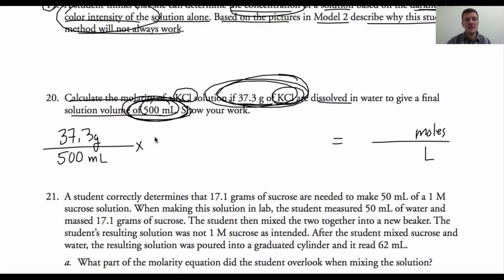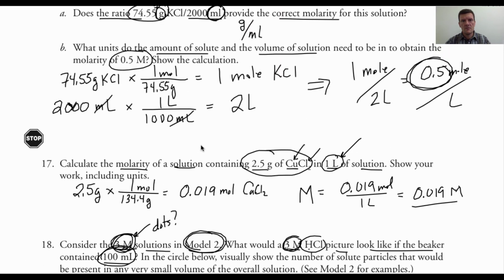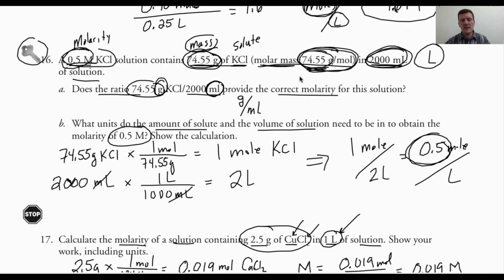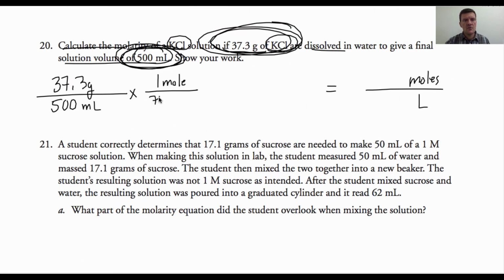I have to take the molar mass. 1 mole of potassium chloride is going to have a molar mass, I believe, 74, oh yeah, remember it was from up above? Here it is, 74.55, yep. So we can use that exact number, 74.55 grams of potassium chloride per mole.